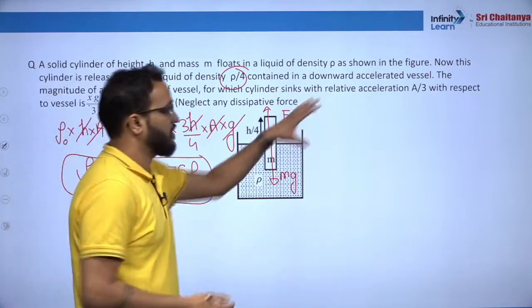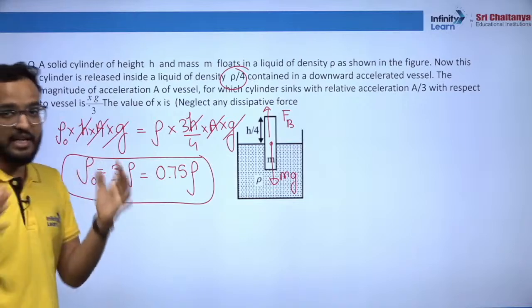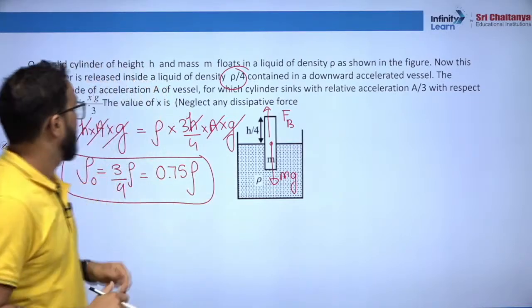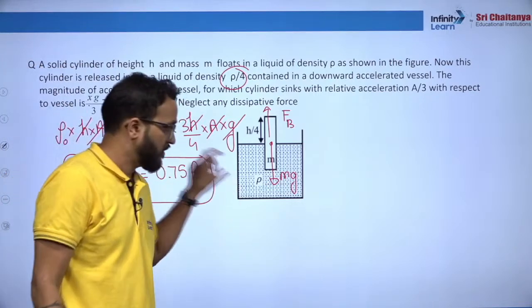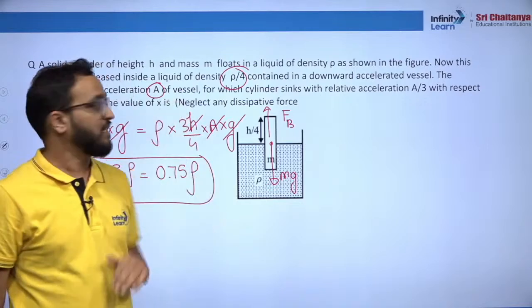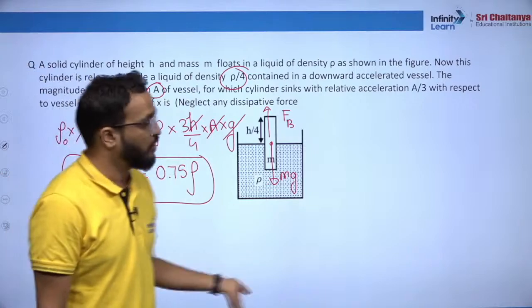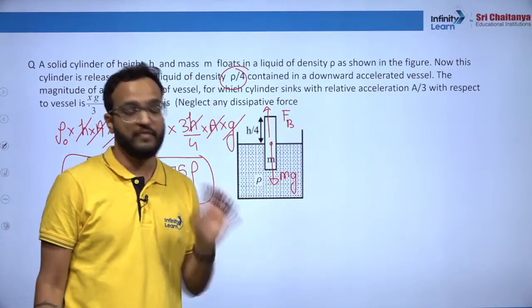Now the object is sinking. Now they are saying that the cylinder is also going down with an acceleration A, capital A. So relative to the vessel, what is the acceleration? Achha, relative to the vessel also the acceleration with which it is sinking is a by 3. So we have to just find out the value of a.